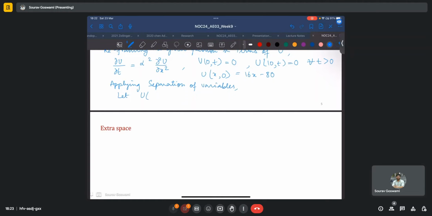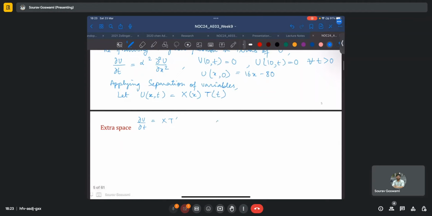So let now U of x comma t equal some capital X, which is only a function of x, times some capital T, which is a function of t only. And ∂U/∂t in this case will turn out to be XT prime, ∂²U/∂x² would turn out to be X double prime.